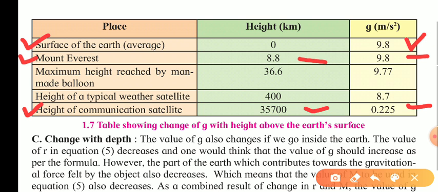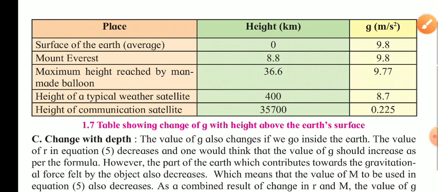You can observe over here, as the height is increasing, the value of g is decreasing. This shows that as we move away from the Earth's surface, the force by which Earth is attracting will go on reducing, which means indirectly the acceleration due to gravity of Earth will reduce.